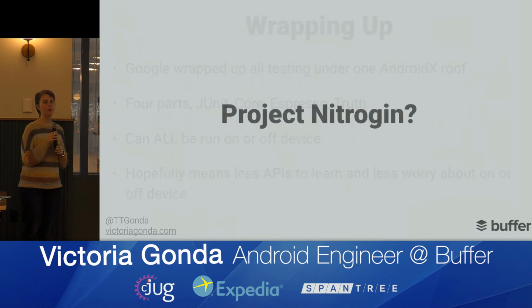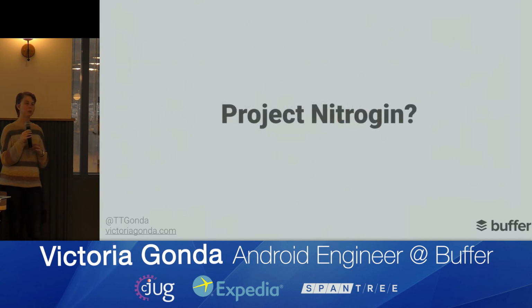Before we go, I do have to mention at least Project Nitrogen. I don't know too much about it yet, but I'm excited to learn more. It's a test executor meant to be a single entry point for all of your tests in any execution environment, from local to on-device to a CI.